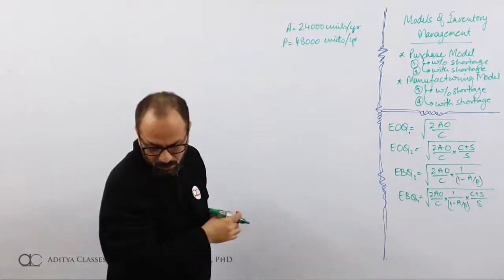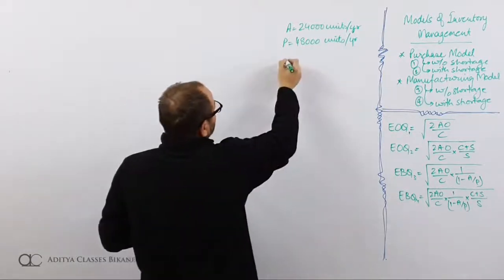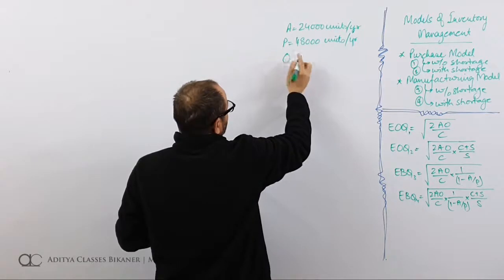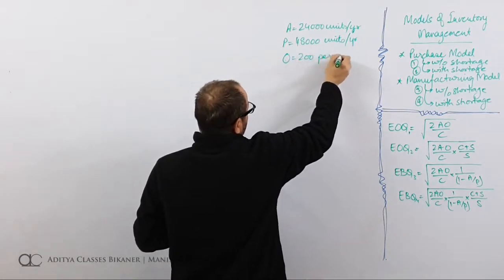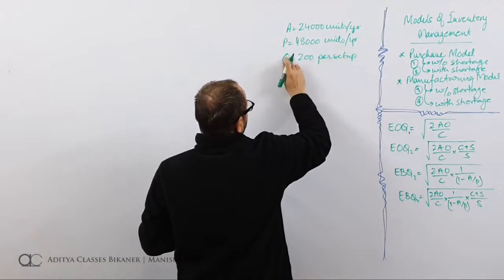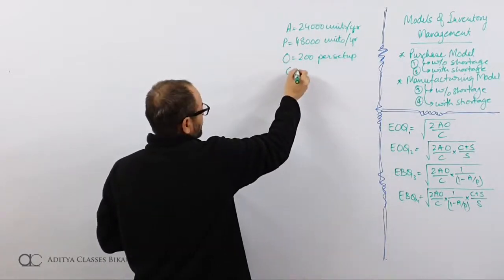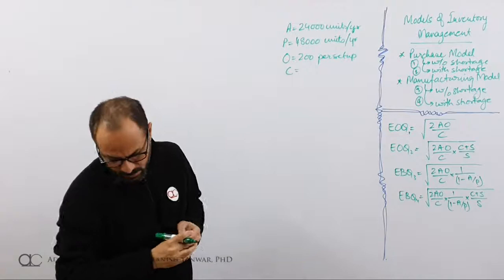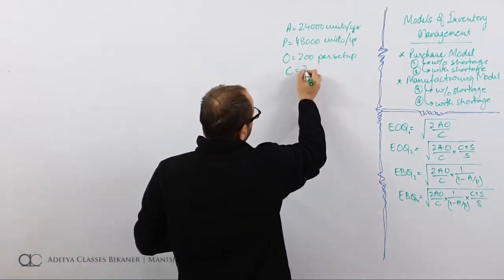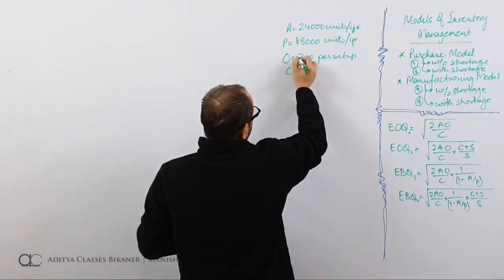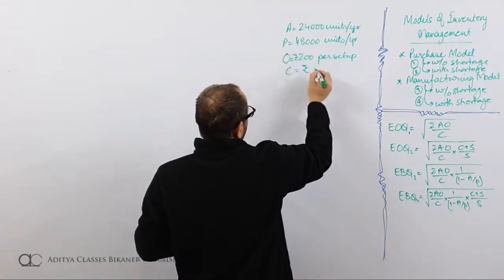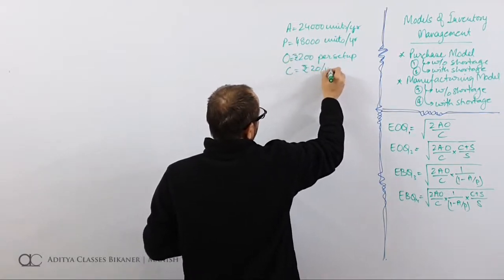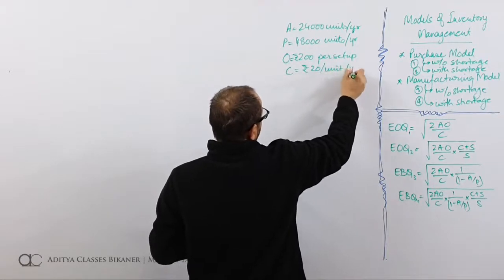Then there is an ordering cost, the setup cost, of 200 per setup, and carrying cost is rupees 20 per unit per year.